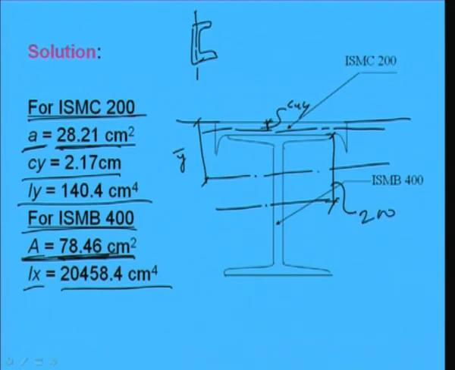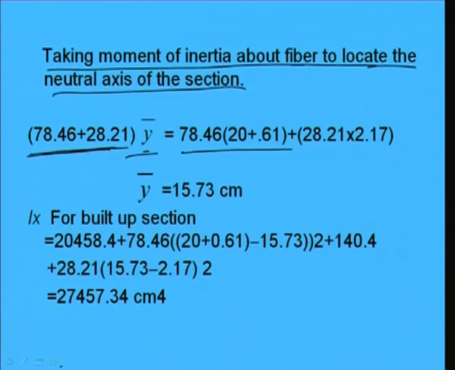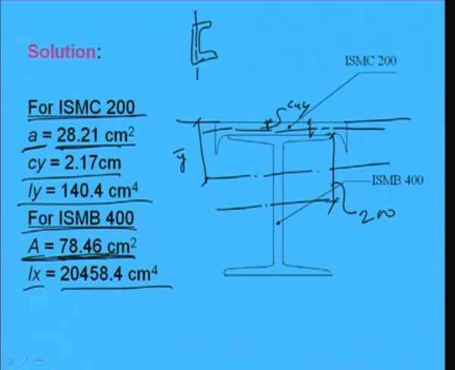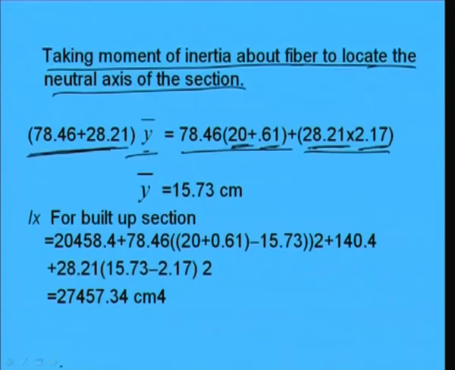So, this will be 200 plus the thickness of the web, TW, given as 6.1 millimeter. So, 20 plus 0.61, and similarly the area of the channel section, 28.21, times 2.17, where CY is 2.17. In this way we can find it.